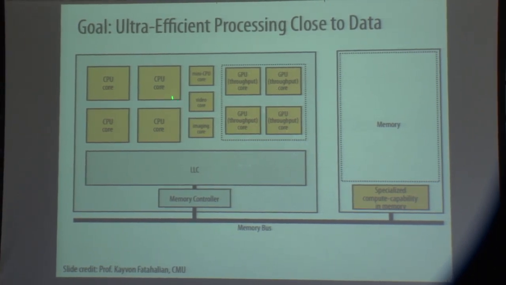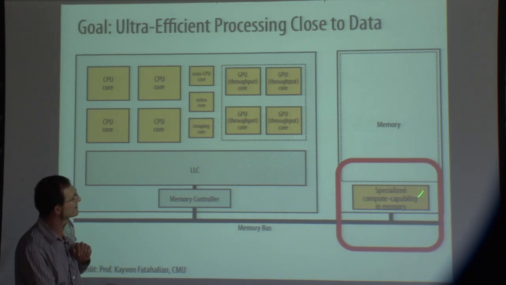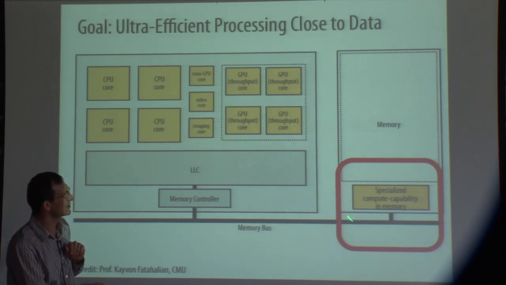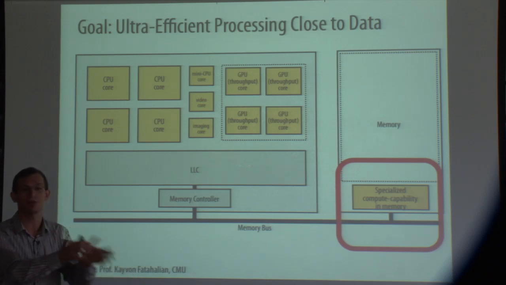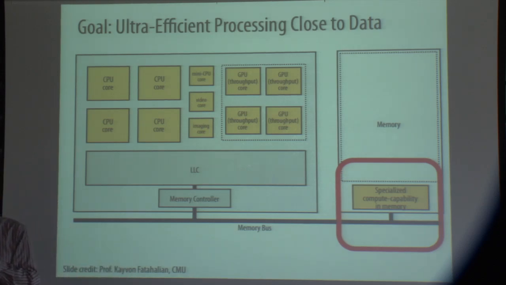You can have different CPUs, different GPUs, and all kinds of accelerators in the system. But why not think of memory as an accelerator also? Or maybe a first-class computing engine, right? And you can specialize some compute capability in this heterogeneous system. And for data-intensive tasks where it makes sense to execute close to memory, you execute them in memory or close to memory. So that's the idea.